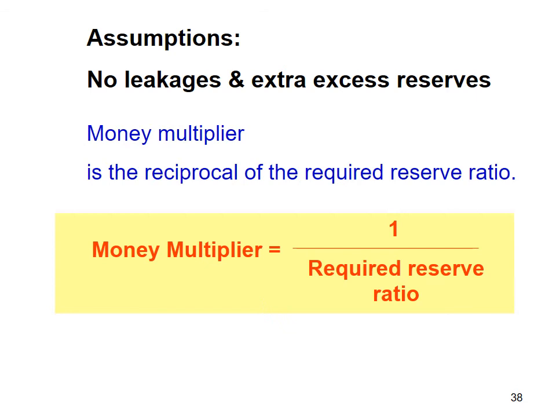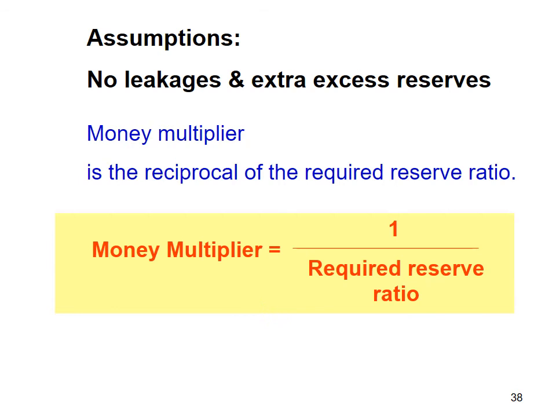We can use this formula, 1 over required reserve ratio, to calculate how many times that initial deposit can be multiplied. The required reserve ratio that we use here, we must use in ratio form. For example, 10% is 0.1, 20% is 0.2.